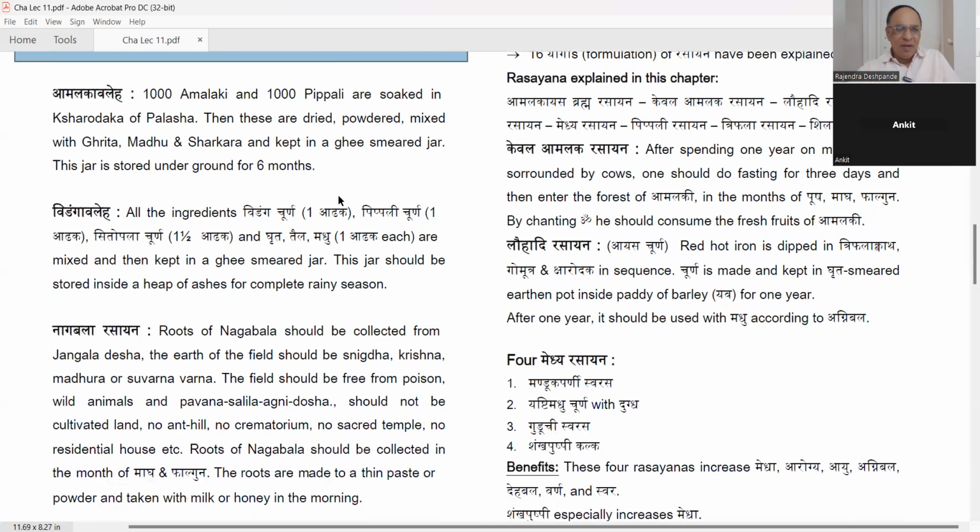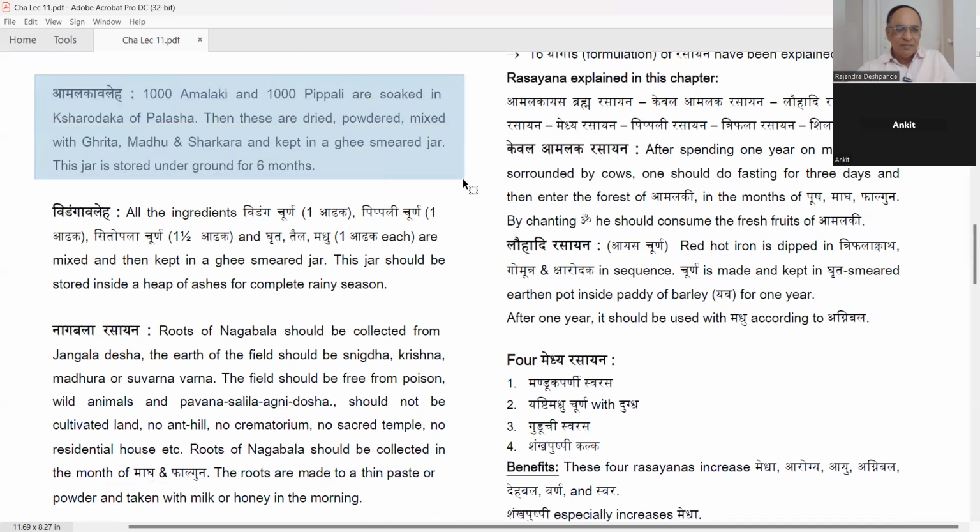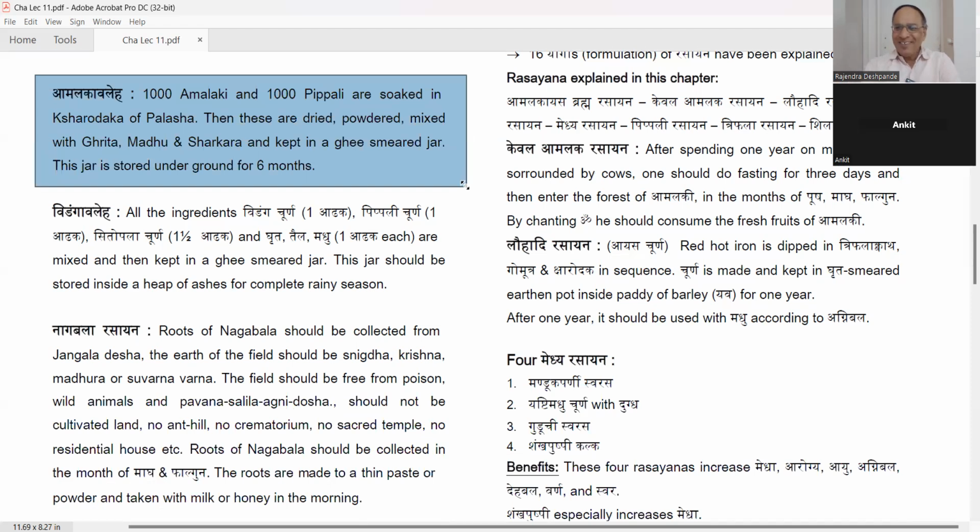Next, Rasayanakalpa, my dear friends. Tonic. Amalakavaleha: 1000 Amalaki and 1000 Pippali are soaked in Ksharodaka of Palash. Palash is also a plant, and Ksharodaka is hot water.